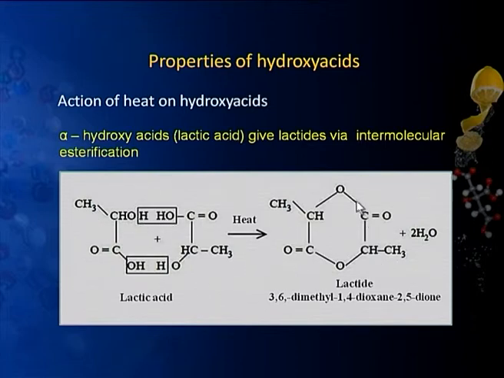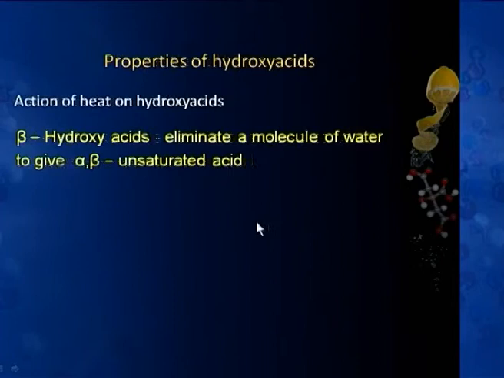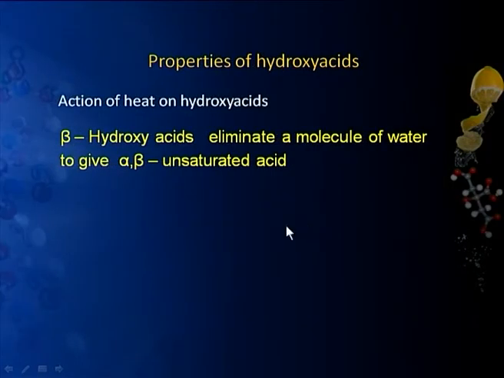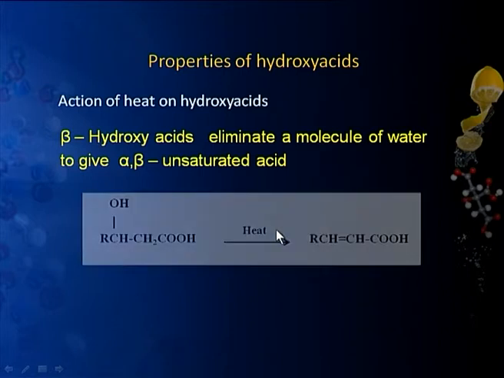So, we get a group of compounds which are diesters. These are cyclic compounds, and the compound that is obtained from lactic acid is called lactide, and the class of compounds obtained from any other hydroxy acid are called lactides. The IUPAC name for this particular compound is 3,6-dimethyl-1,4-dioxane-2,5-dione.